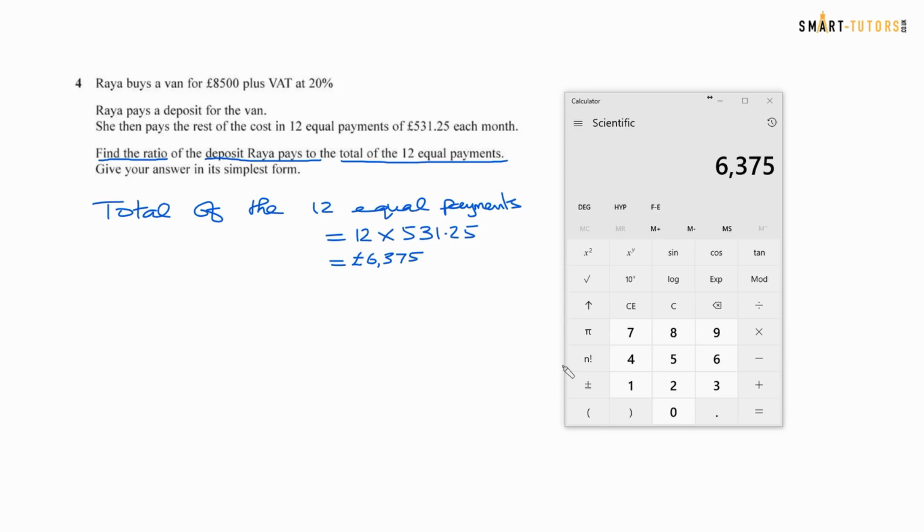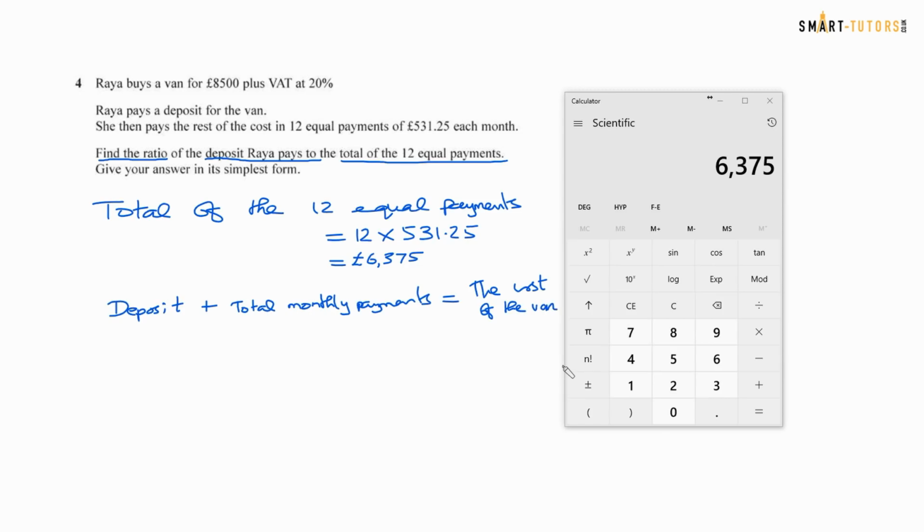Now we need to find out the deposit. The way to do it is: the deposit plus the total monthly payments equals the cost of the van.